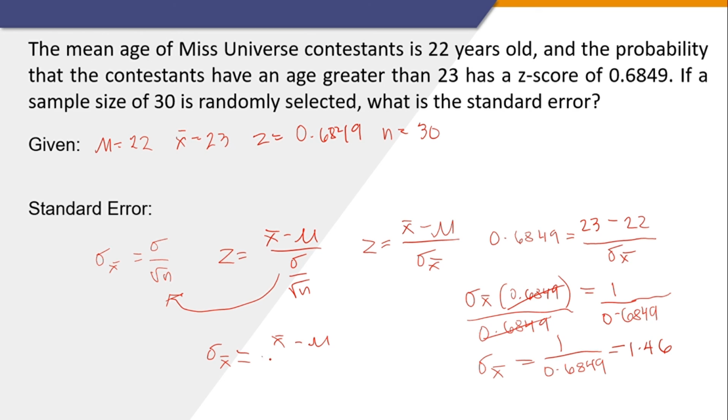Then, divide natin sa z-score, yung 0.6849 natin. So, pwede natin gamitin tong formula na to for the standard error. Sample mean minus the population mean over the z-score or yung z value doon sa z-table.